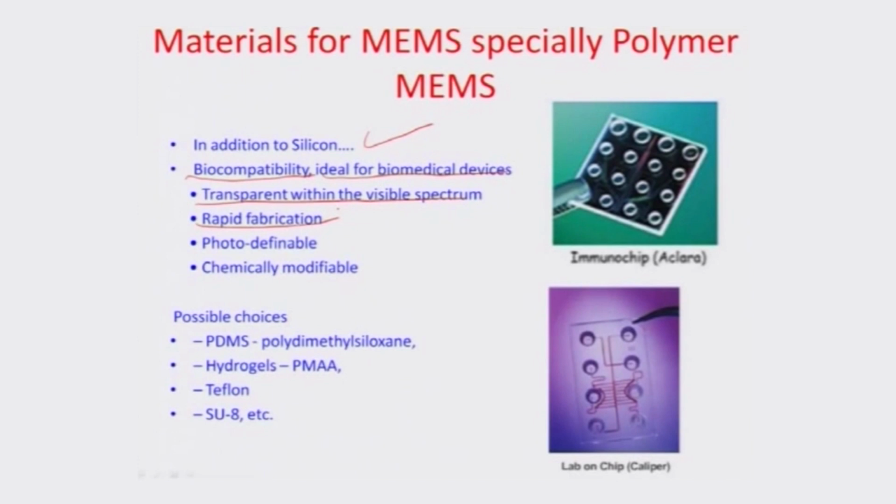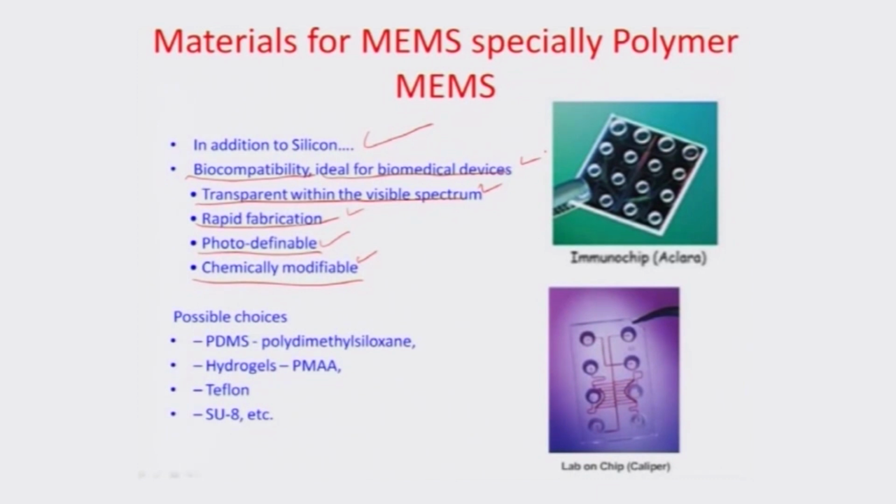It should be photo definable, which means that you can expose it, and based on that you can define the features and structures, and then it can be chemically modifiable. So, these are some of the desirable properties in polymer MEMS: biocompatible, optically transparent, rapid fabrication, photo definability, and chemical modifiability.